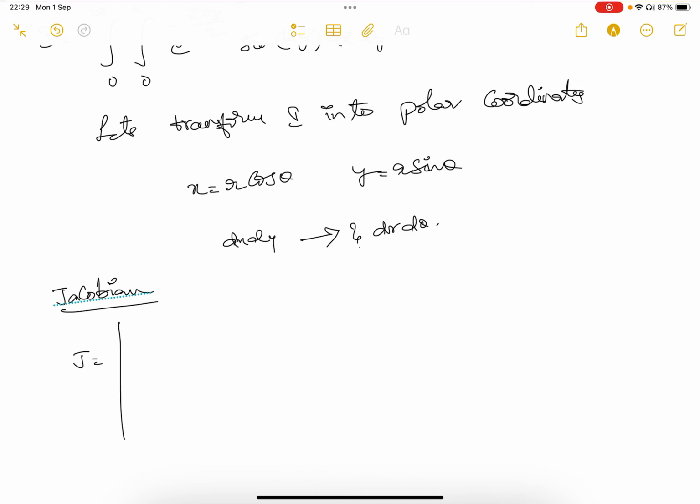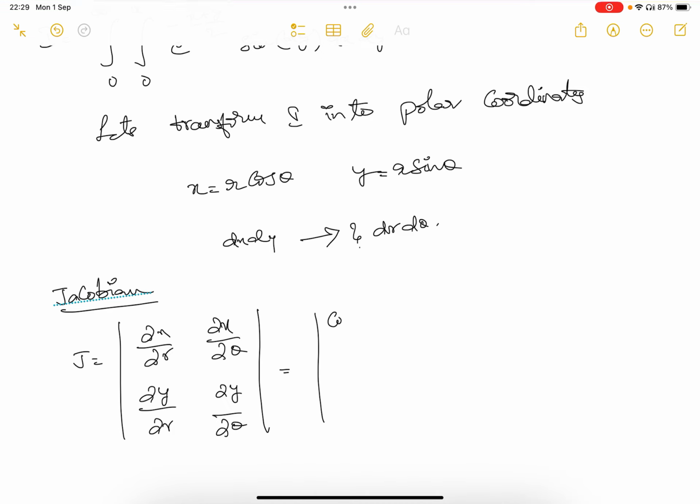Jacobian is dou x by dou r, dou x by dou theta, dou y by dou r, dou y by dou theta. Dou x by dou r will be cos theta, dou x by dou theta will be r into minus sin theta. Dou y by dou r is sin theta, dou y by dou theta is r cos theta.